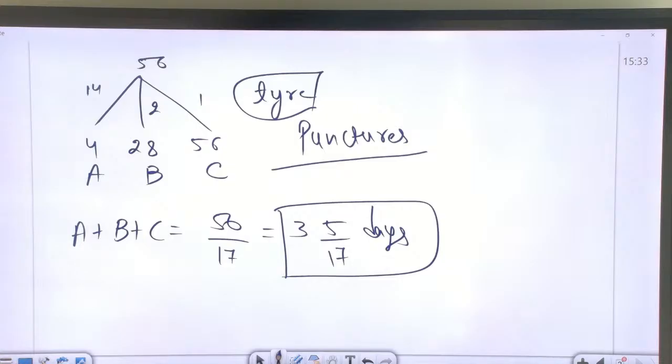And the second puncture alone would have done it in 90 minutes. Full stop.